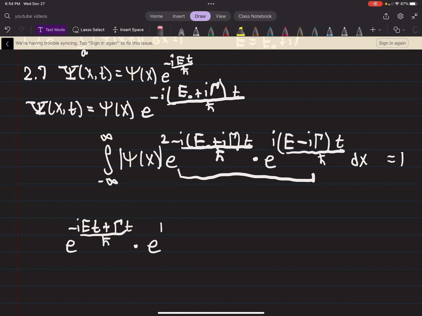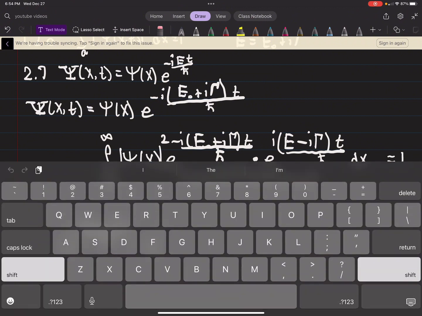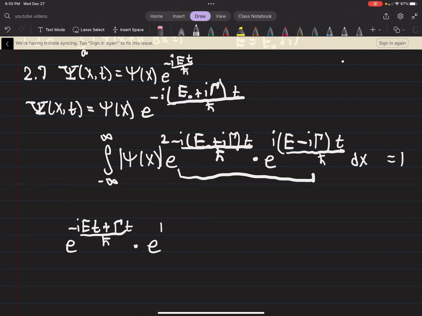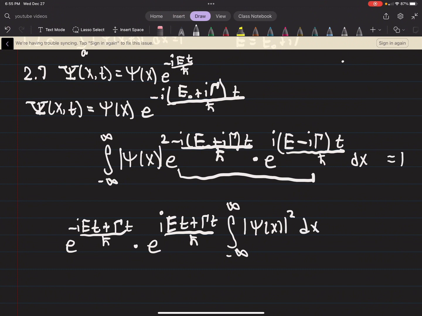Same thing here. Text mode is kind of annoying on this app. I think I complain about it every video. Okay, and then of course, just as before, we're going to have plus, and then of course our integral. Okay.